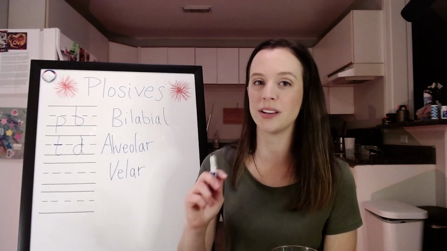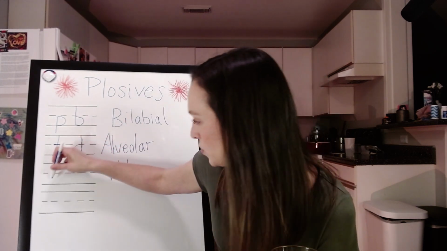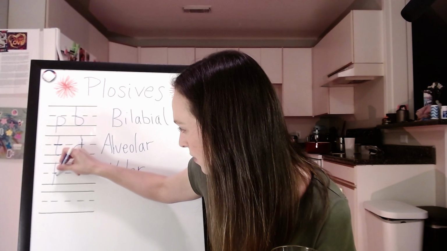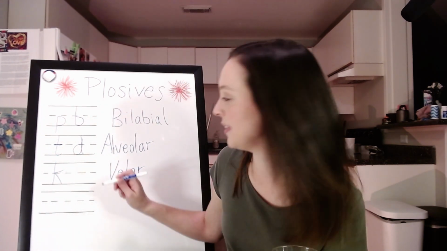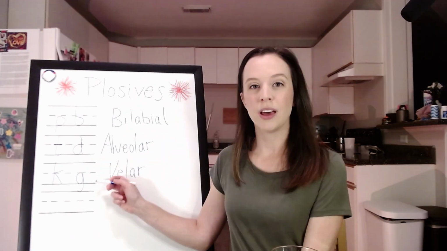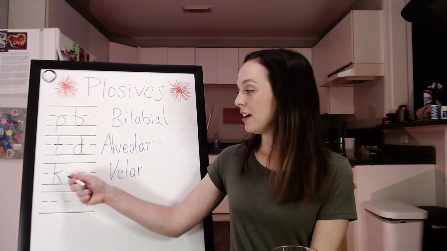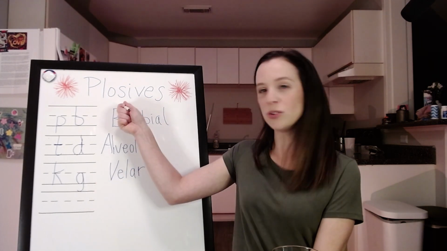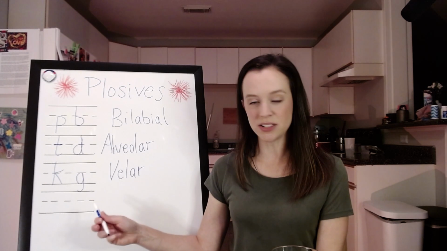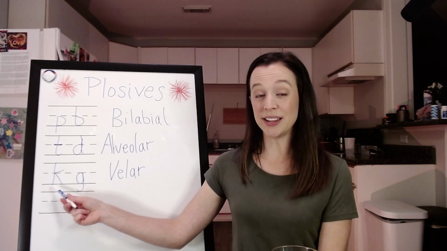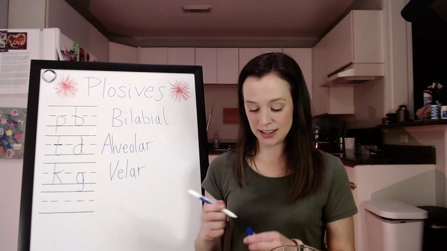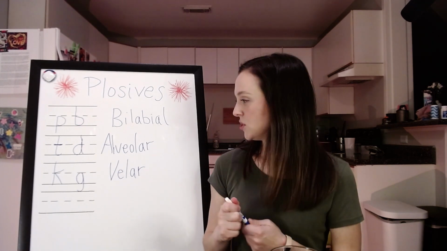But these, we're not talking letters, we're talking phonetics. Velar plosives. And those are cognate pairs. So k is voiceless and g is voiced. So there you have it.